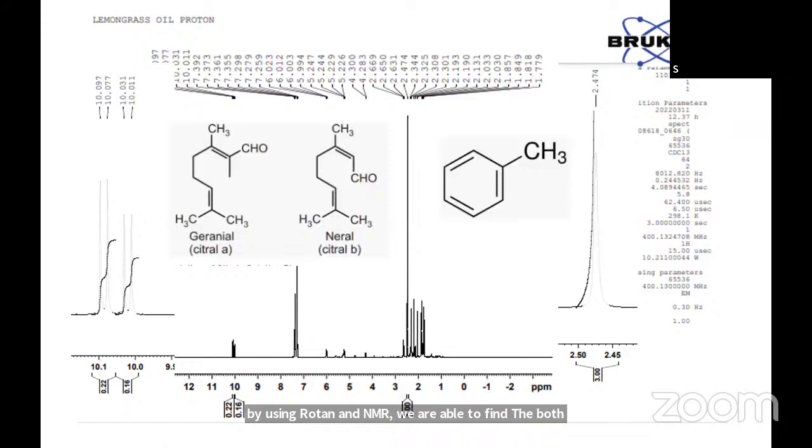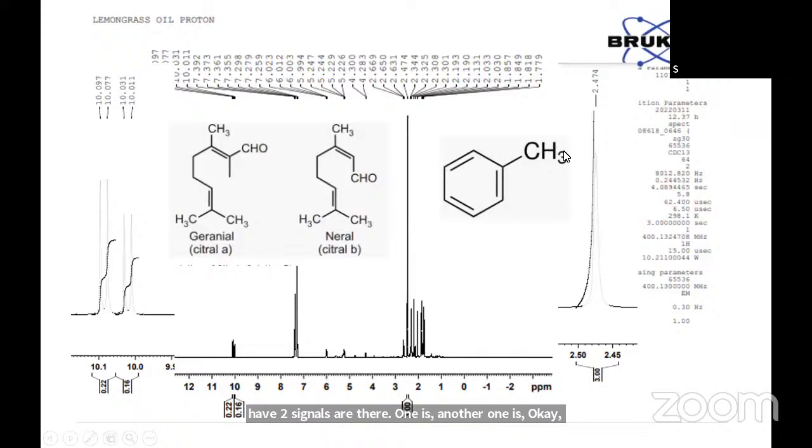Also there is an error in the structure. Please pardon me for that. Here we will have a proton. Actually, the H is missing. Here also an H is there. Here aldehyde protons are there. These aldehyde protons usually come at 10. So we have two signals. This indicates one is citral, another one is geraniol.